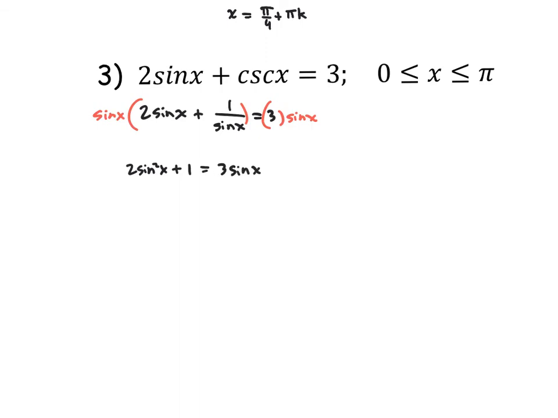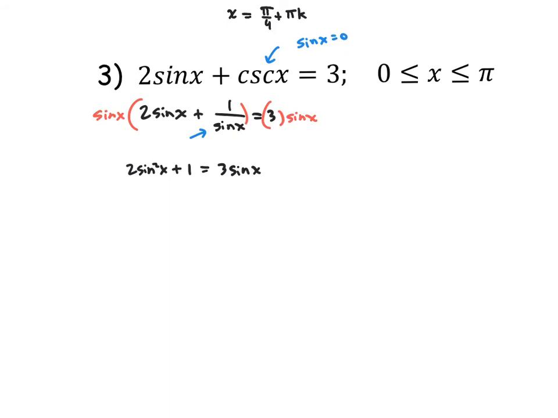Now, one thing I have to be aware of is because of this cosecant, if sine x equals 0, we would have a problem, right? Because we'd be dividing by 0, so we'd have a discontinuity. So any of my solutions I need to be aware of, right?